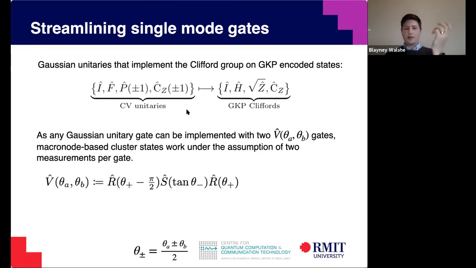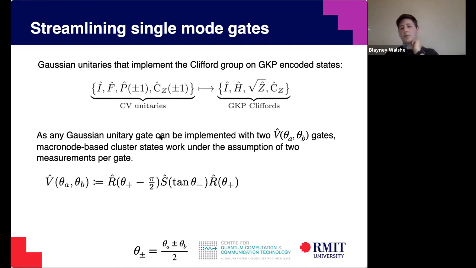Now, as I've mentioned earlier, we know that any Gaussian unitary gate can be implemented with 2 V gates. So that's 2 measurement steps along a macronode wire. And most work on macronode-based cluster states has assumed 2 measurement steps per single gate.